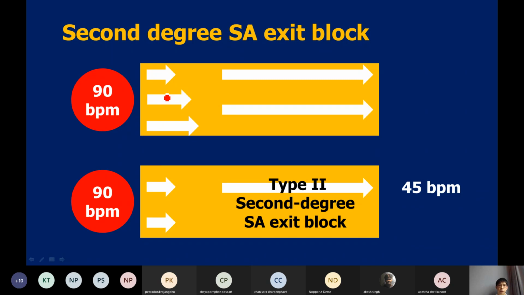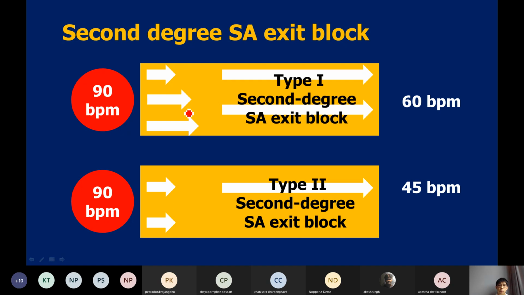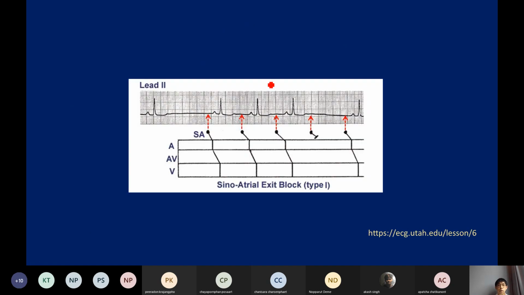The timing of conduction in the perinodal area is different between the impulses, so you can see that the P wave is not regular. The P wave interval is progressively shortening, and then it disappears.